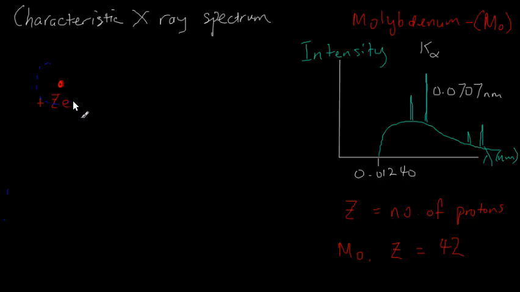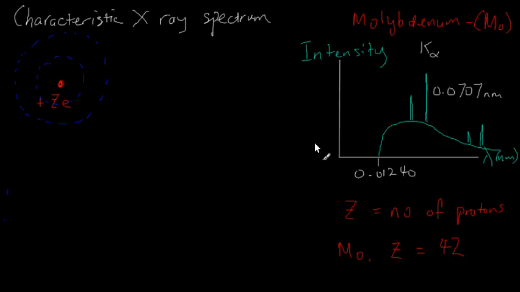Using Bohr's and de Broglie's condition, that there must be a whole number of wavelengths around the orbits, we understand that only certain radii of orbits are allowed.